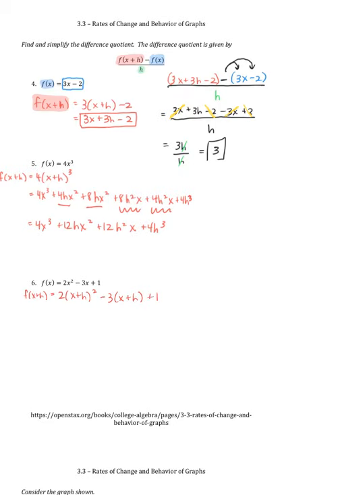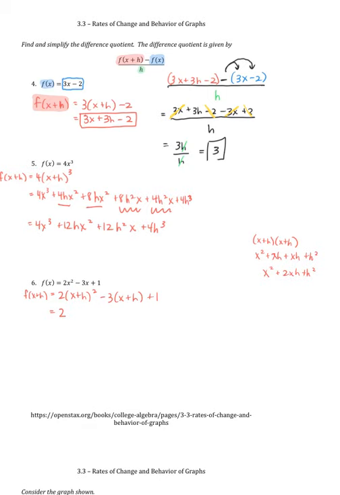So we're going to start by foiling out the x plus h squared. So we're going to distribute that. Remember that that is like x plus h times x plus h. And so when you do that, you get x squared plus xh plus xh plus h squared. So x squared plus 2xh plus h squared.